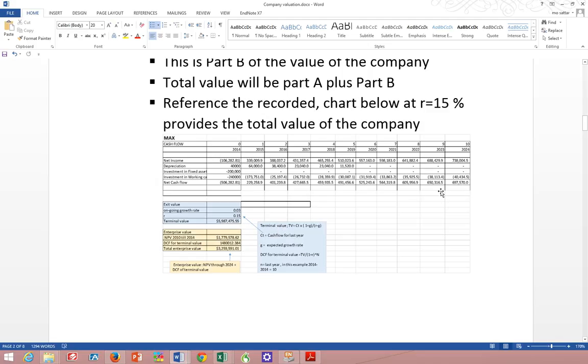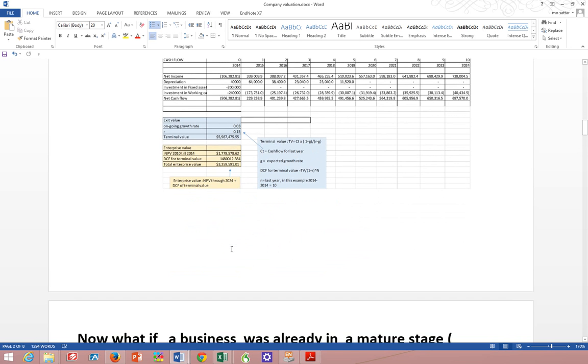We discounted it by dividing by 1 plus R, which is 15%, raised to 10, the 10th year, and we get 1.48 million. So the enterprise value using the discounted cash flow, or NPV, where R in my case is 15% and G I use is 3%, I would get that number. And again, your formula will be the same. Your R and G may be different, so your numbers may be different.